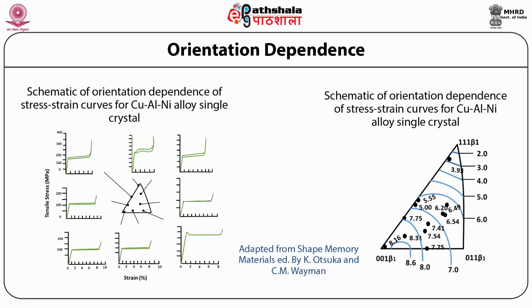This is shown in this figure for copper, aluminium, nickel single crystal, where the orientation dependence of the stress-strain curves for this alloy has been represented. The other figure on the right shows the schematic of the orientation dependence of transformation strain for the copper, aluminium, nickel alloy single crystal.